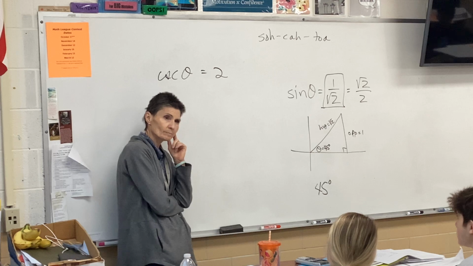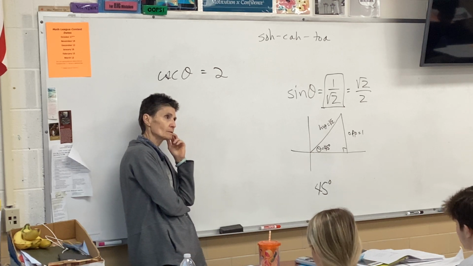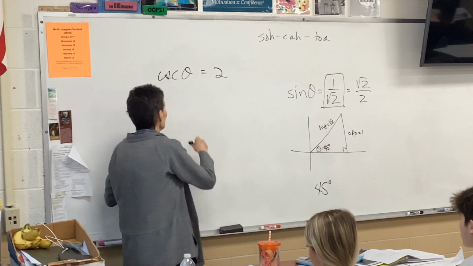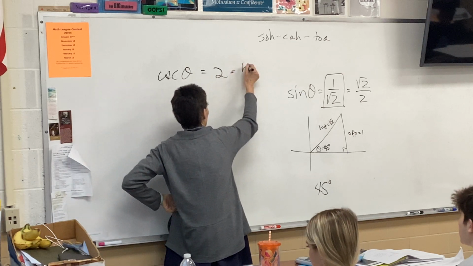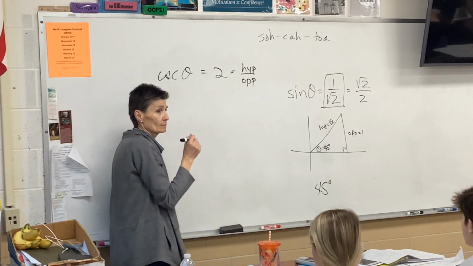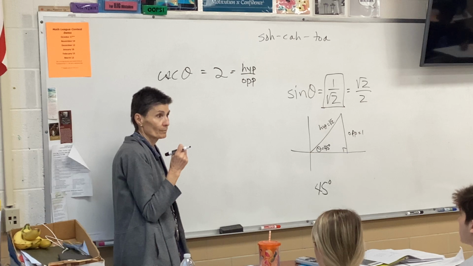What's cosecant? Reciprocal of sine. So cosecant would actually be hypotenuse over opposite, because it's the reciprocal of the sine.